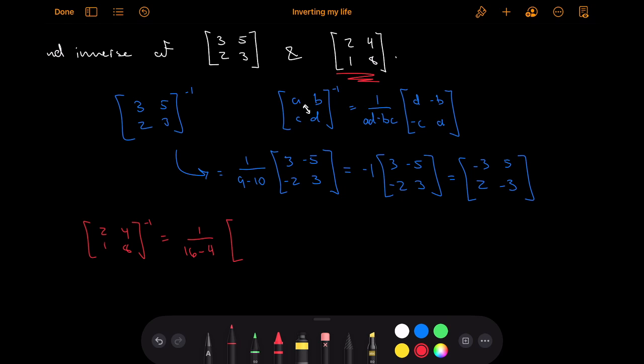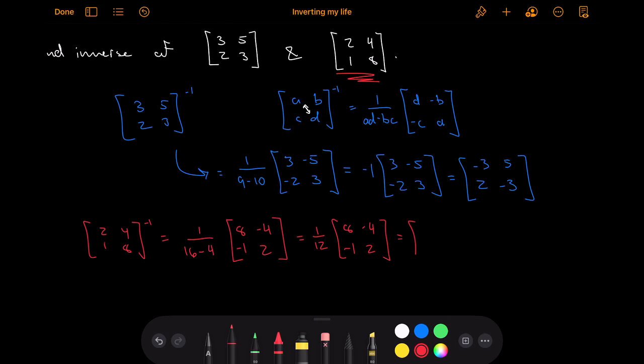And we switch A and D, which would now be 8 and 2, and then we convert the other ones into negatives. So this is just equal to 1 over 12 multiplied by 8, -1, -4, 2.